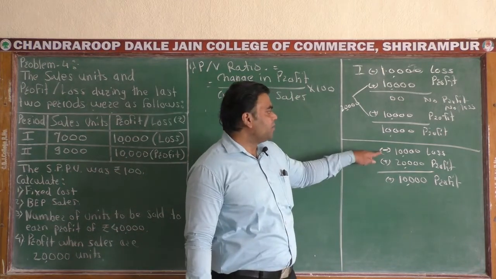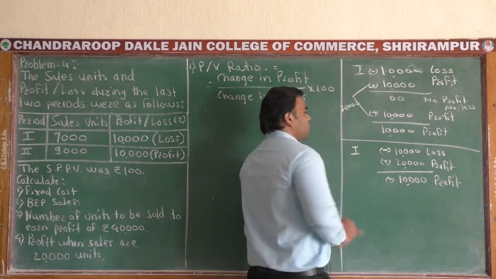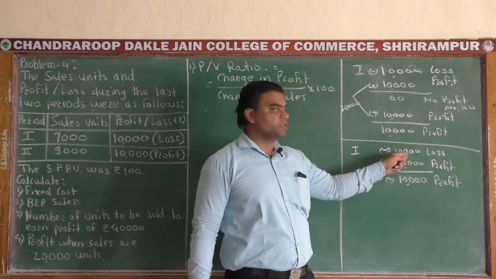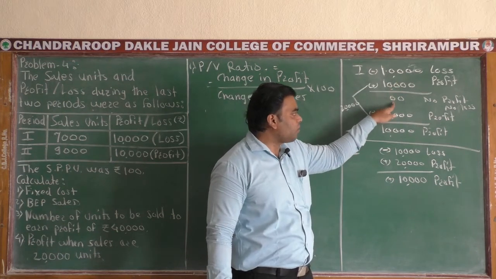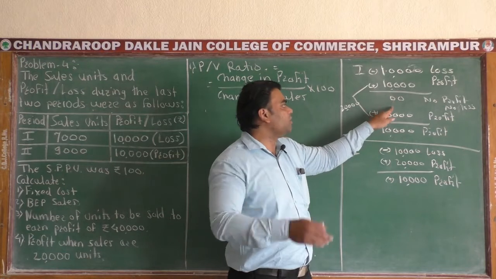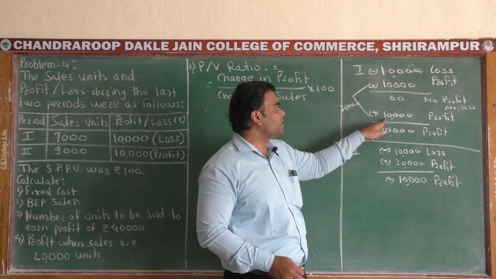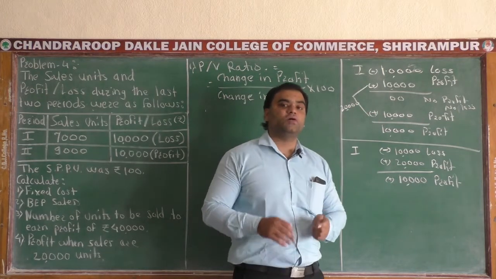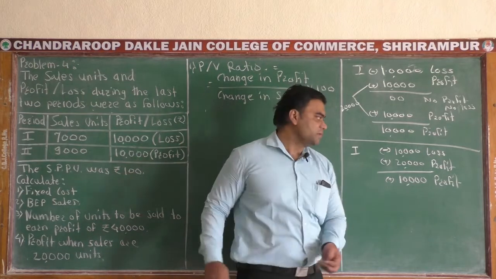You can see here in period 1 there was a loss of rupees 10,000. To recover loss we require 10,000 profit, then it will be 0. Then to show 10,000 profit another 10,000 profit will be required. In that way 10,000 plus 10,000, total 20,000 profit company has earned in period 2.